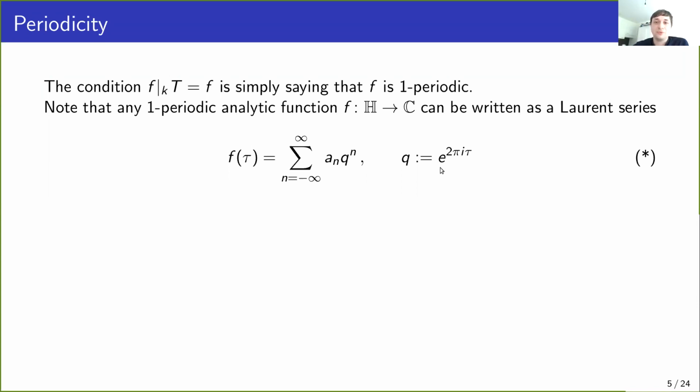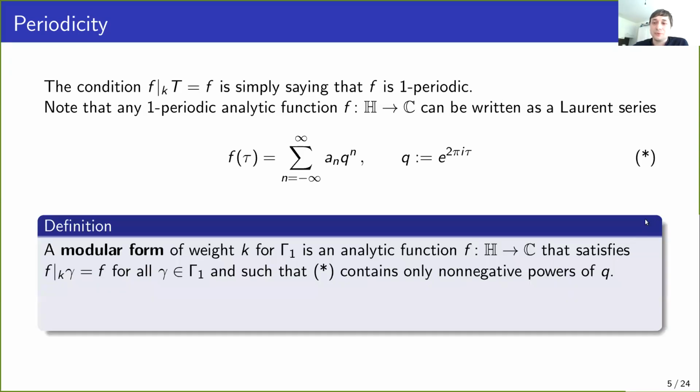The difference between positive and negative powers of q is that the positive powers are exponentially small at infinity, because we're only looking at the upper half plane. But the negative powers of q are exploding, so they're exponentially growing at infinity. So they do behave quite differently, but in any case, we can always develop this thing by the general principle of Laurent expansion.